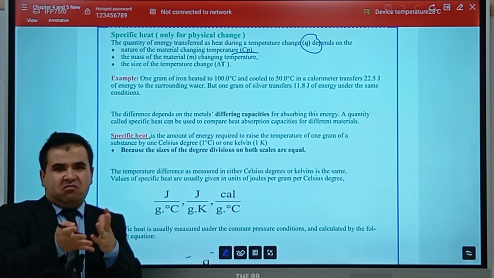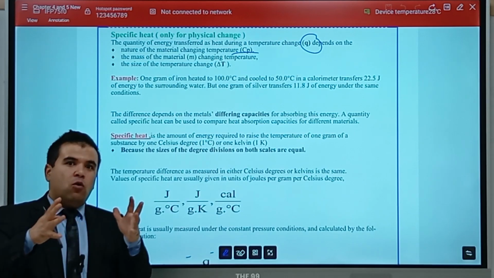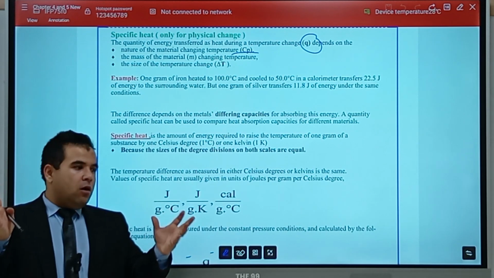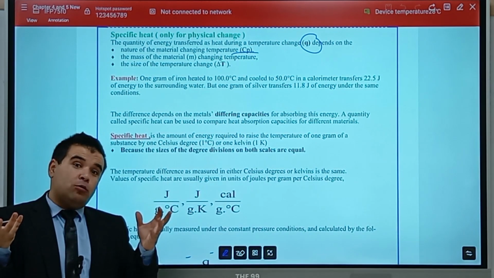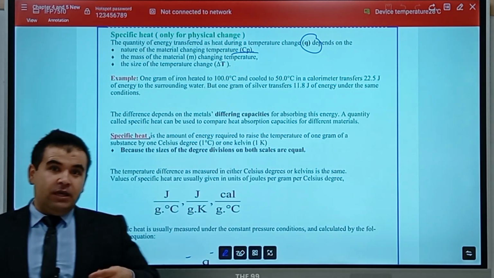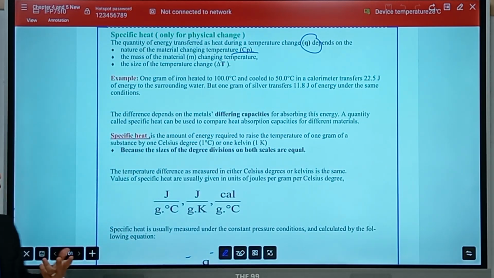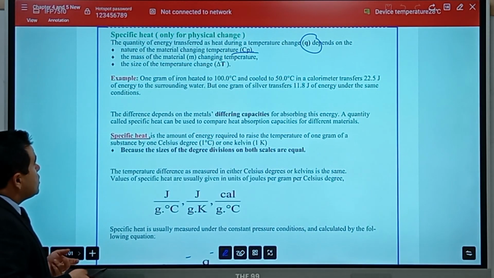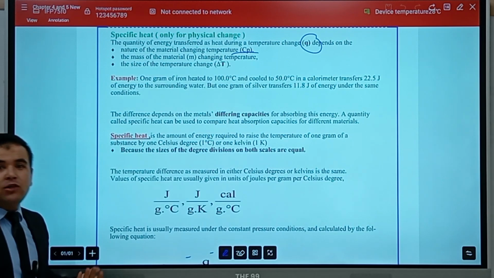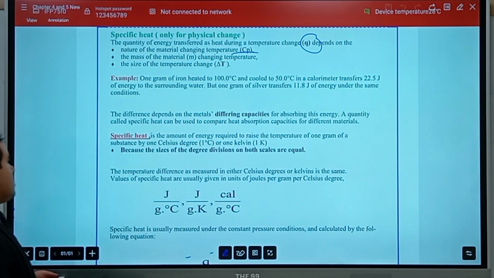But if the two objects are far from each other, 20 and 75, a hot object with a cold one, the speed of the heat transfer will increase. So the delta T, the mass, and the Cp are the factors that influence the amount of heat transferred between the samples.